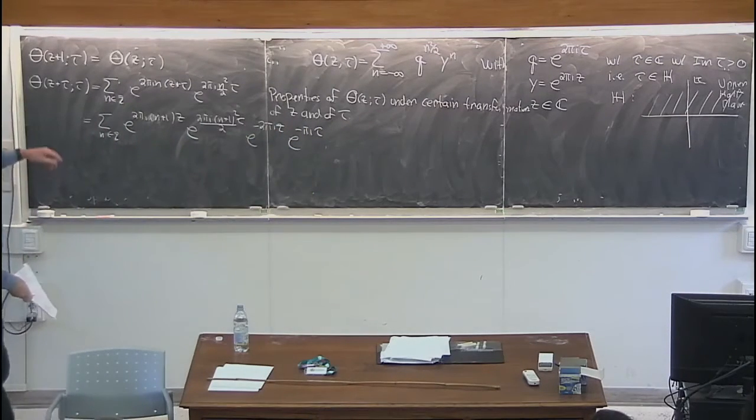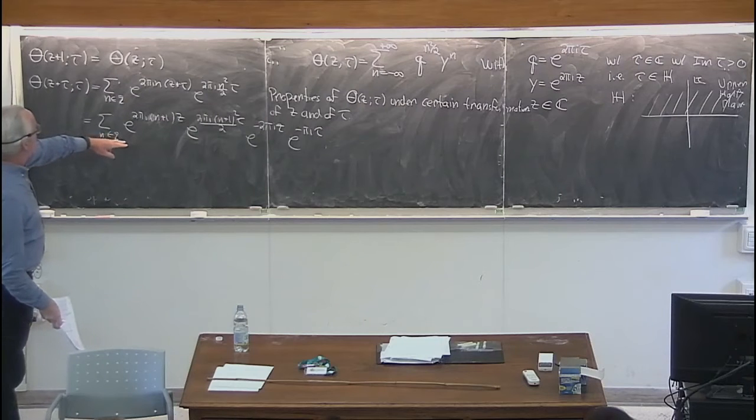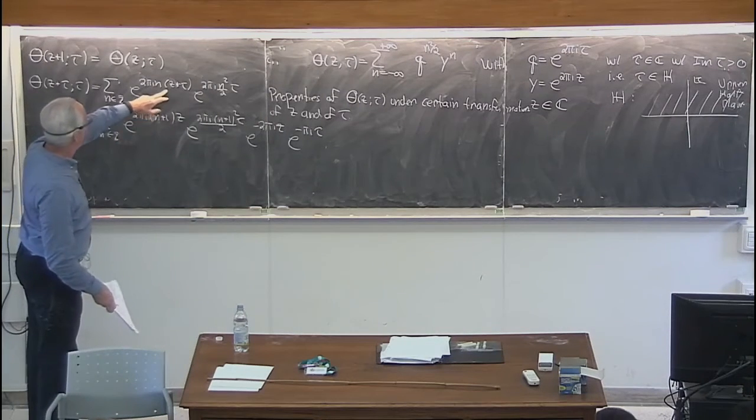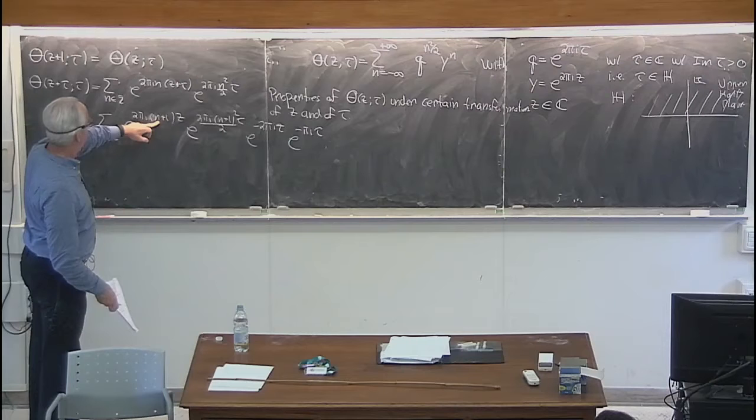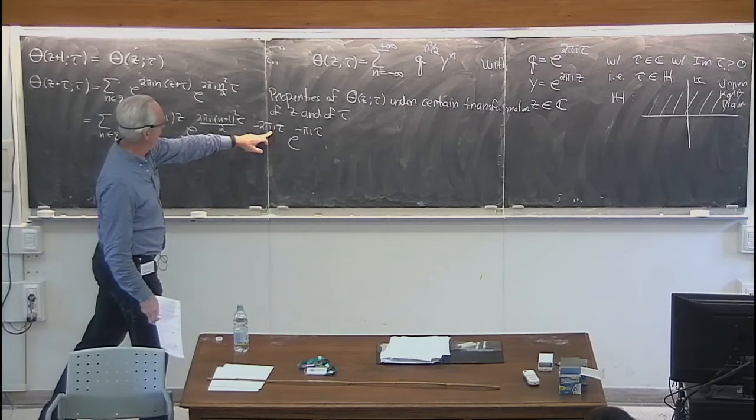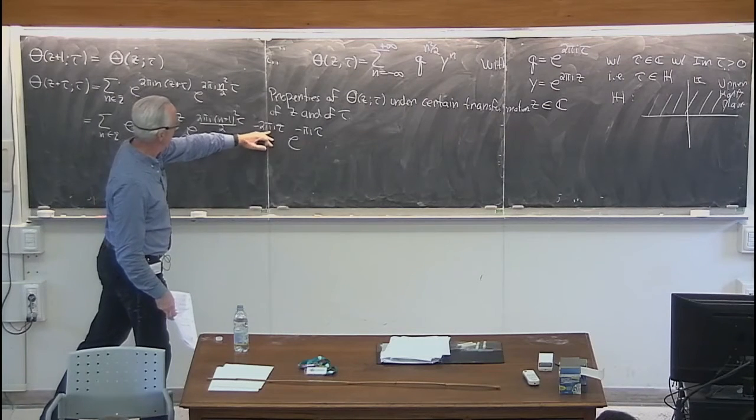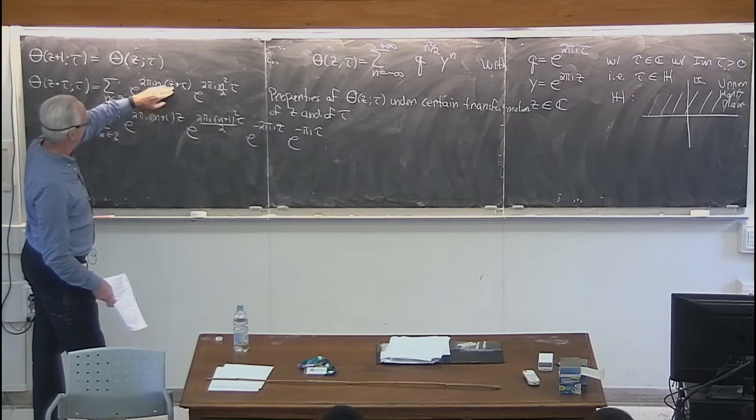All right, so I claim that these two things are equal. So, here's an e to the 2 pi i n z. I've added a 1 here, but then I've taken out e to the minus 2 pi i z. So this term cancels this term. Right, so that matches that.